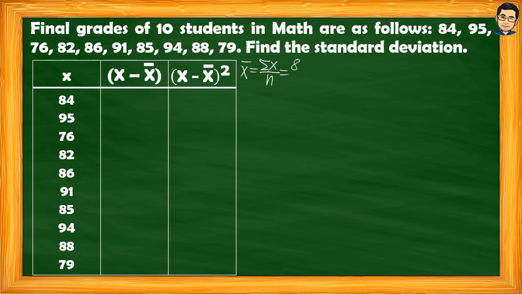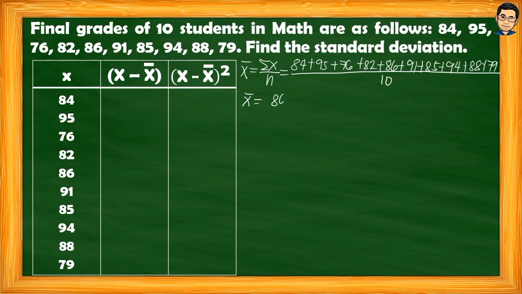So, 84 plus 95 plus 76 plus 82 plus 86 plus 91 plus 85 plus 94 plus 88 plus 79, all over 10. When we add those grades, we will get 860. We divide by 10. So our mean is 86.